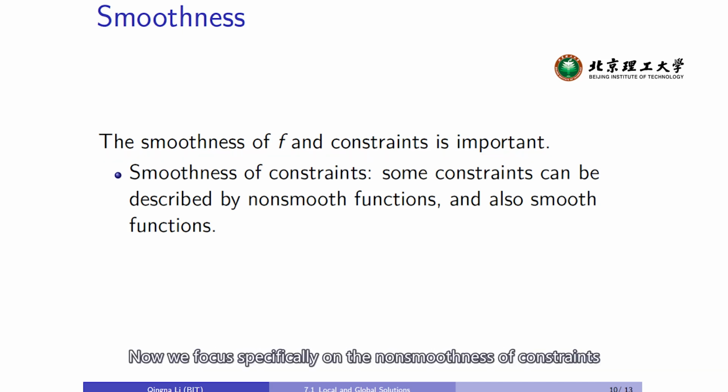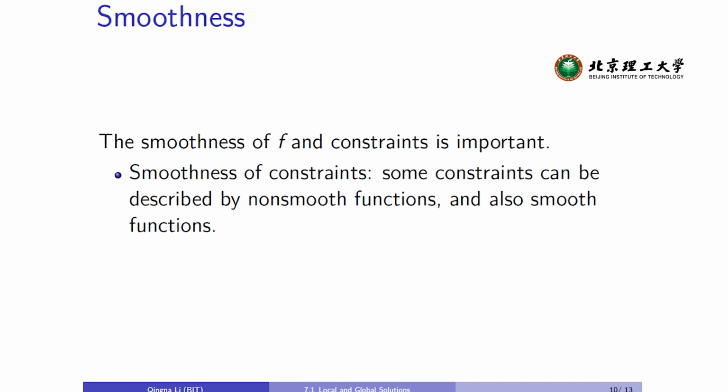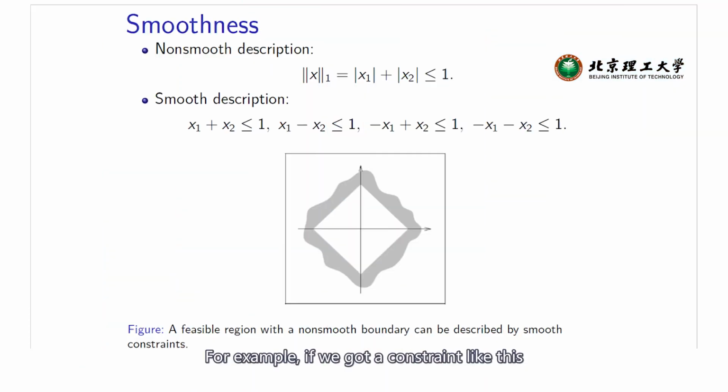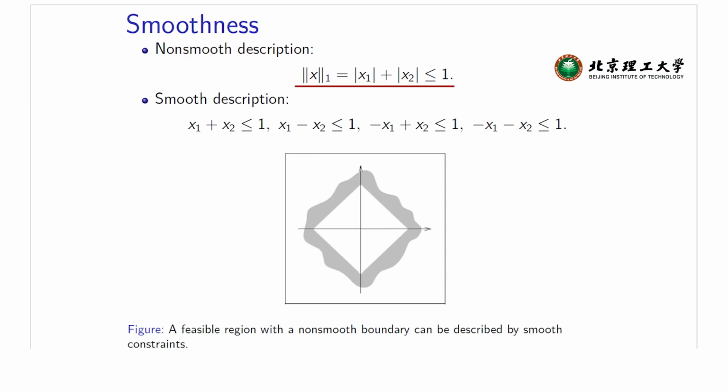Now we focus specifically on the non-smoothness of constraints. Okay? Let's take an example. For example, if we get a constraint like this, the L1 norm of X is smaller than or equal to 1. If we write the L1 norm in absolute values, then it is actually a non-smooth constraint.